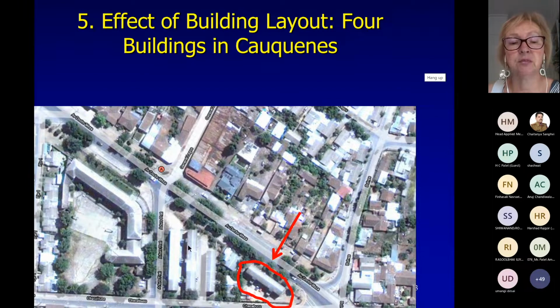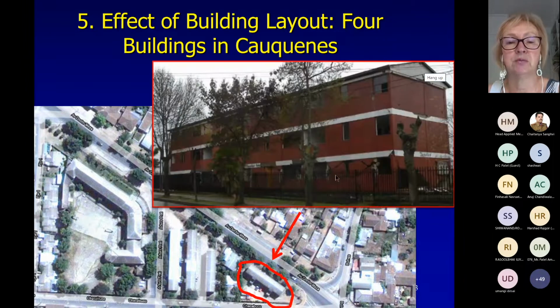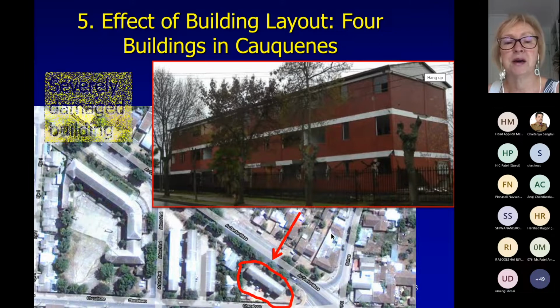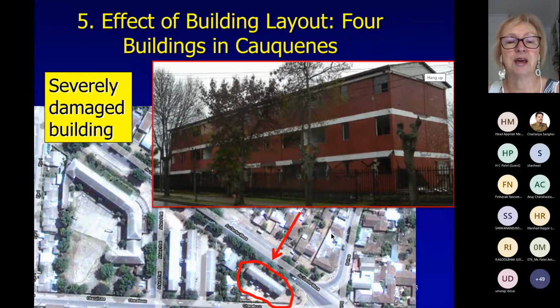However, there were 3 other buildings in the other direction. They were not under 90-degree angle because these were 2 streets, and these 3 other buildings were in the other direction. And they were constructed at the same time by the same builder. What is interesting is that we visited that building that was damaged. I already explained, and we documented the photographs of damage both in plane and out of plane, but that was severely damaged.